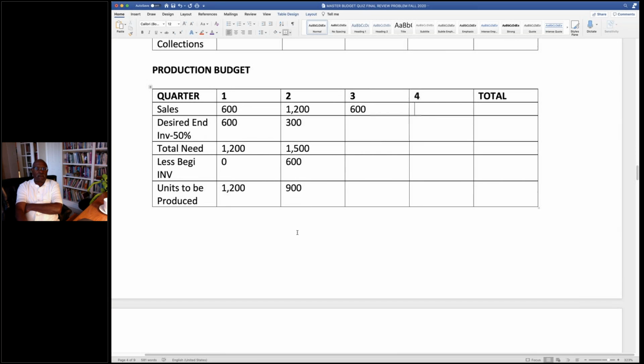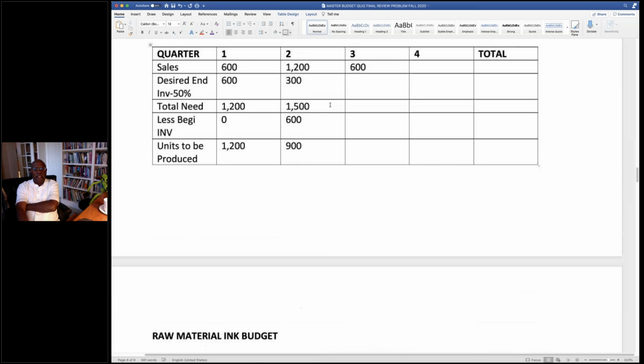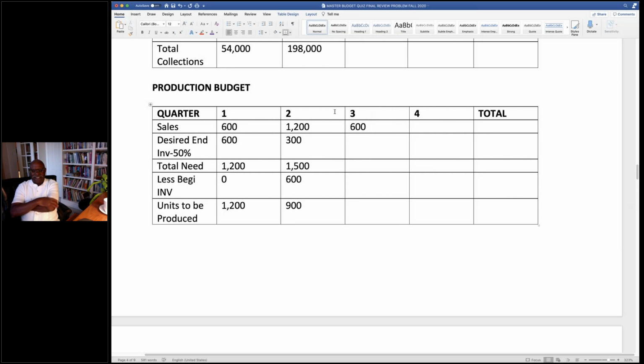That 3,600 is the 60% of 6,000. But we're just doing the first 2 quarters, so we just need these 3 numbers. On the final, we got to do all 4. To get your C, you just got to do the first 2 quarters.